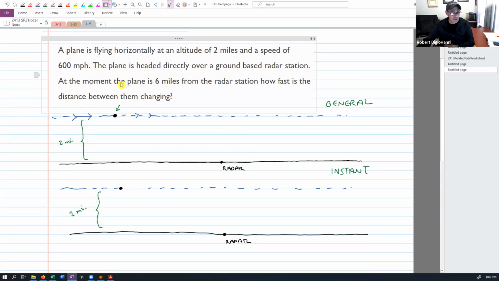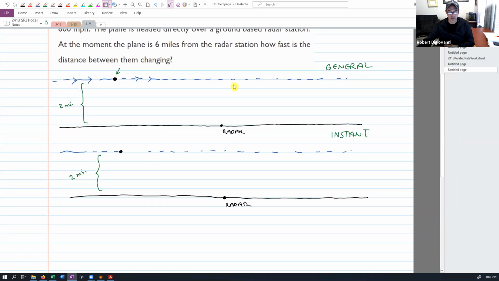At the moment, the plane is 6 miles from the radar station. What does that mean in our picture? The moment this dot is 6 miles from this dot, that means this distance from here to here is 6 miles. That's the moment in time.